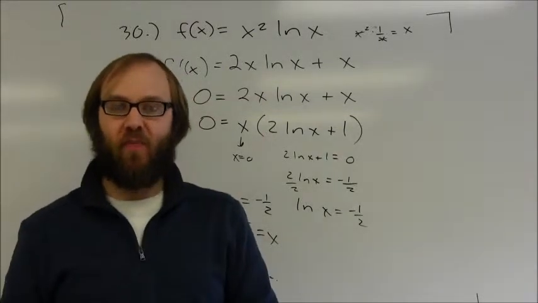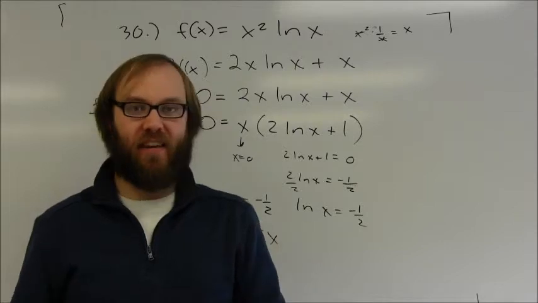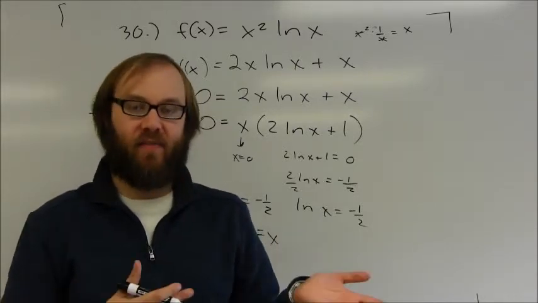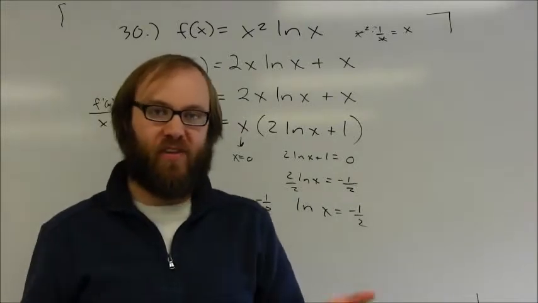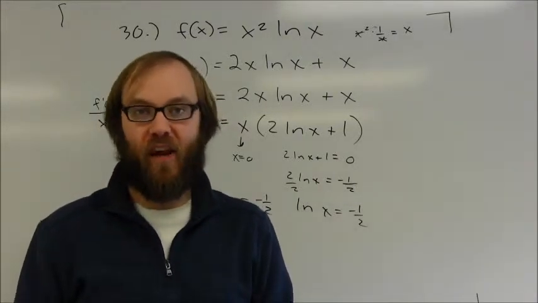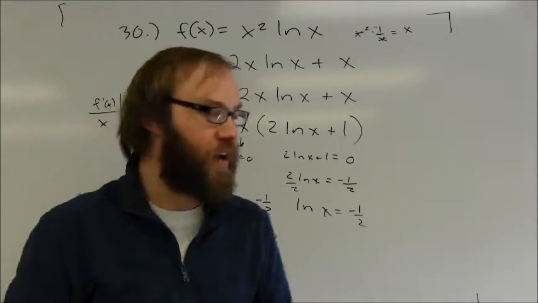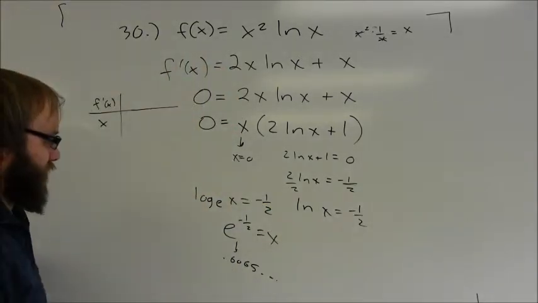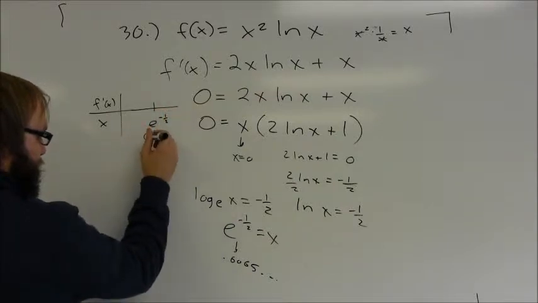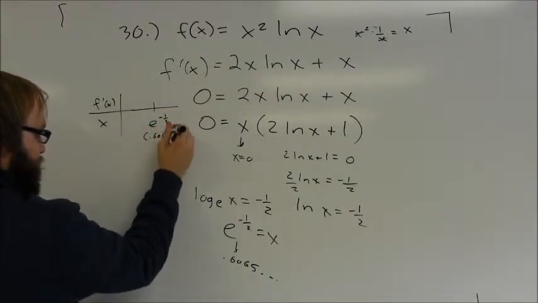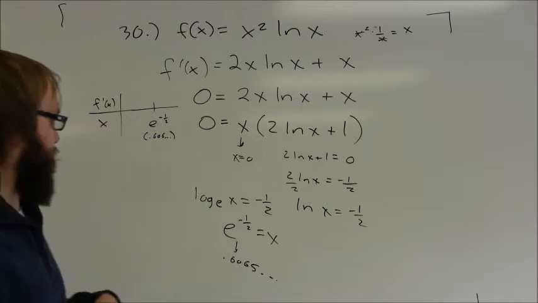Again, I'm not going to use 0 because the graph actually isn't defined at 0 at all. It's not defined at 0 or values less than that. So essentially we just have a graph that cuts off there, so we're not going to have a cusp or any kind of change in direction happening on the other side of 0. So we just have that e to the negative 1/2, which again is about 0.6, if we want to put that value in.